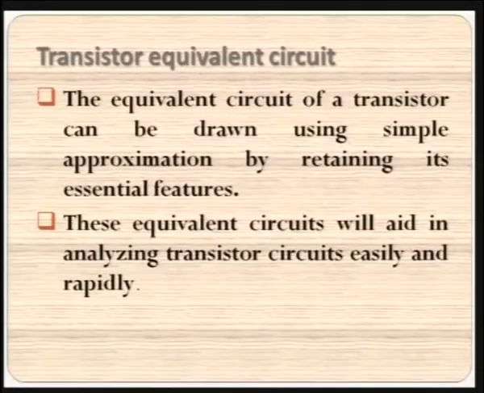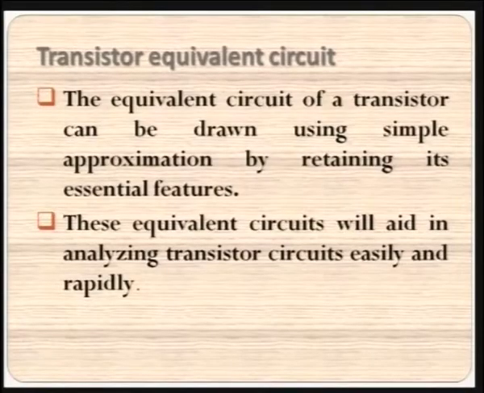And other points are also important in the significance that we have come across now. Now, it is time for us to learn how to draw an equivalent circuit for the transistor. With these H parameters, how do we convert a transistor into an equivalent circuit?